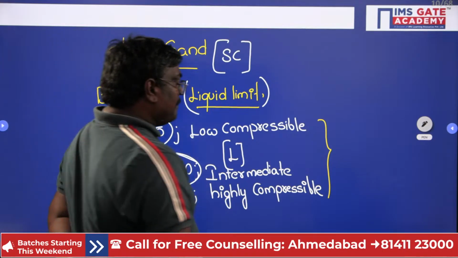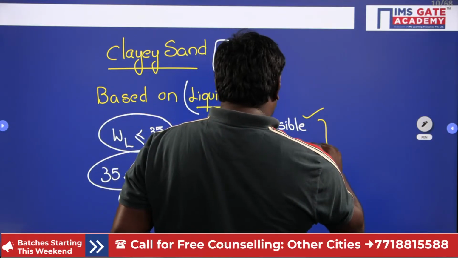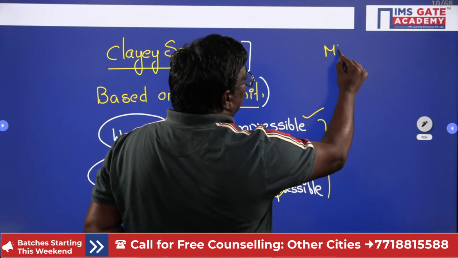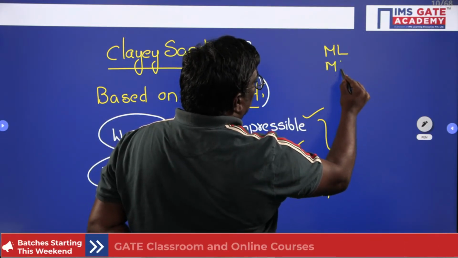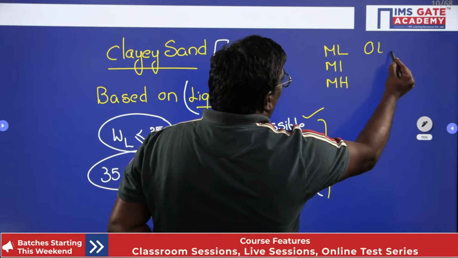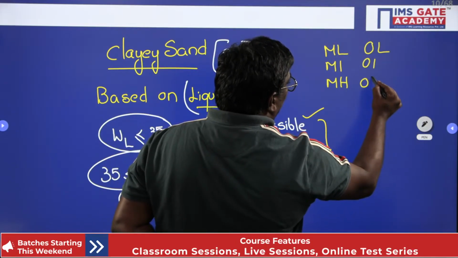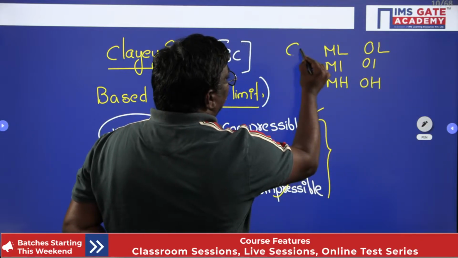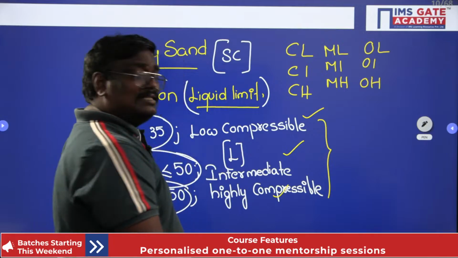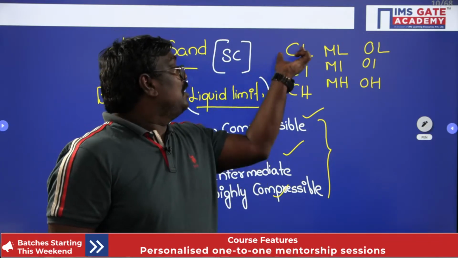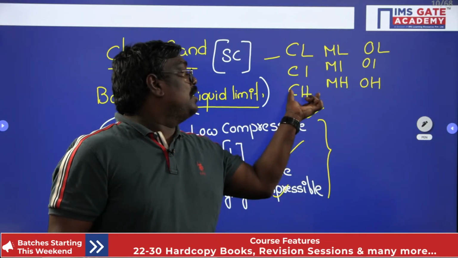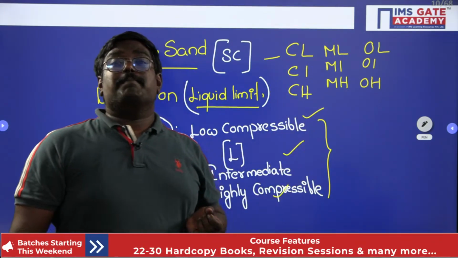So here you are clear about low compressible and intermediate compressible. If I show you the names ML, MI, MH, similarly OL, OI, OH, similarly you can write CL, CI, CH. So here see students, what is CL? Low compressible clay. What is CI? Intermediate compressible clay. What is CH? Highly compressible clay.